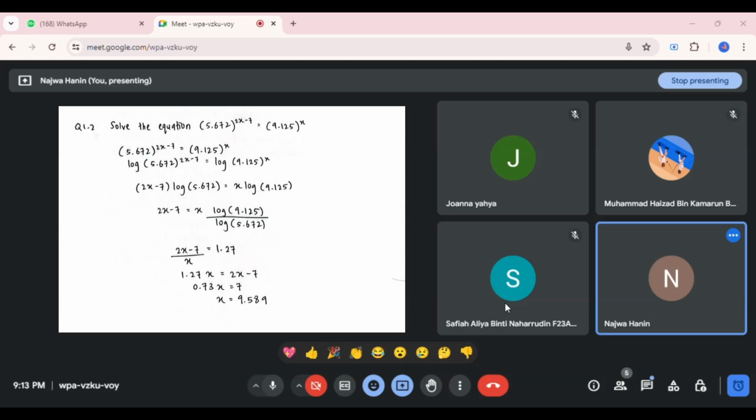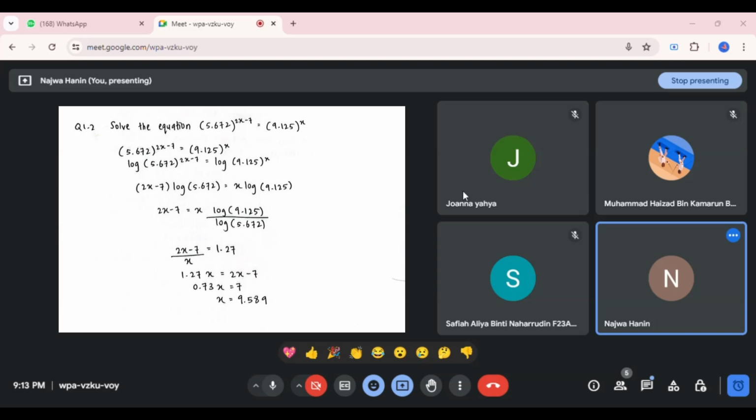Second question is solve the equation 5.672 to the power of 2x minus 7 equal to 9.125 to the power of x. First thing, we need to take the logarithm of both sides and isolate the term involving x. And then we got 2x minus 7 log 5.672 equal to x log 9.125.